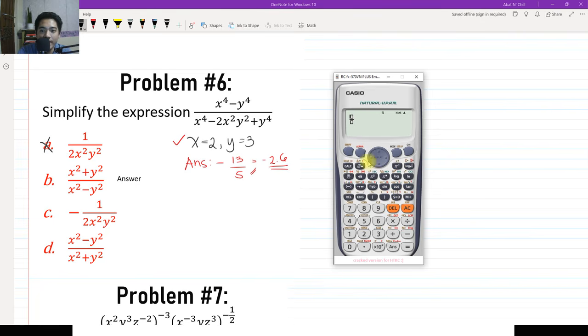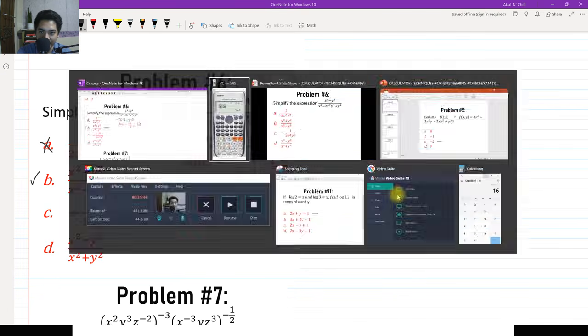Letter B is alpha x squared plus alpha y squared all over alpha x squared minus alpha y squared. Then calc with the same values, 2 and 3. And voila, you have negative 13 over 5, or negative 2.6, which means that this should be the answer.